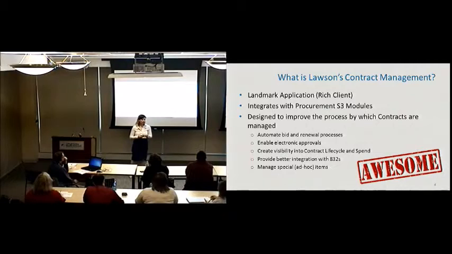There's also better integration with EDI 832s if anyone's using those today. It simplifies the process. And most importantly, what everyone's excited about is you can manage your special items. Those actually can carry over to PO25.6 if you're using contract management. So that's huge.